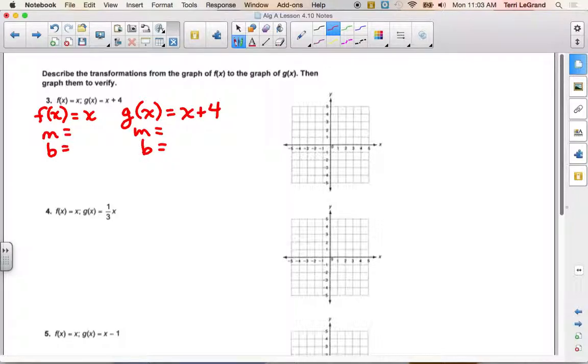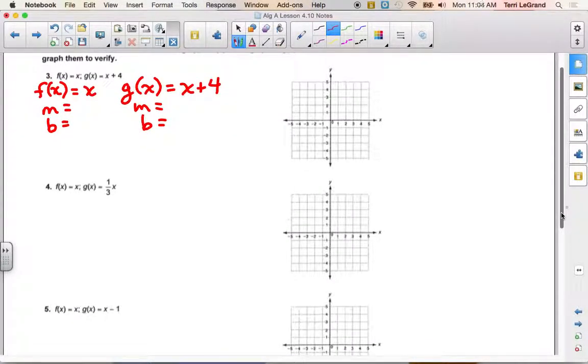So at number 3. Parent function, what's its slope and y-intercept? 1 and 0. How about for our new function, g of x? What's its slope? 1. What's its y-intercept? 4. Oh, so tell me, what changed?